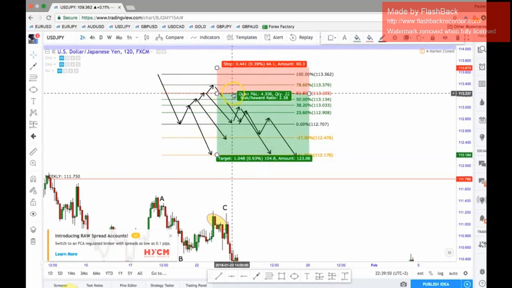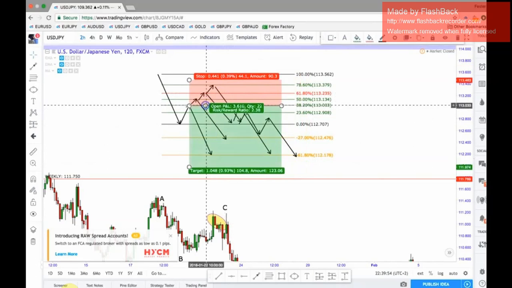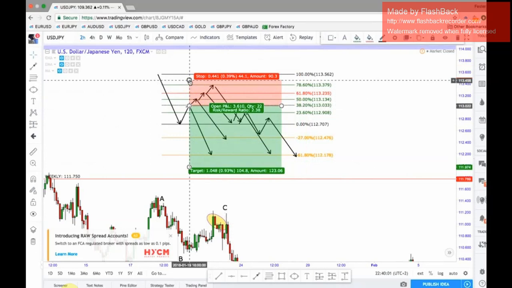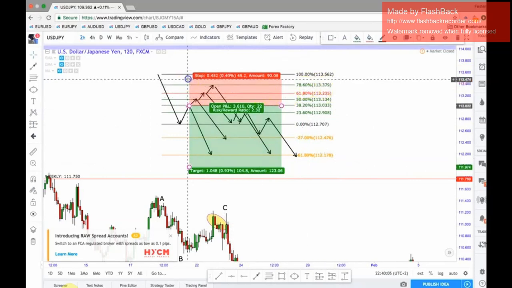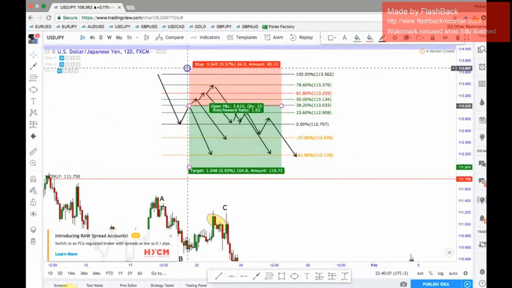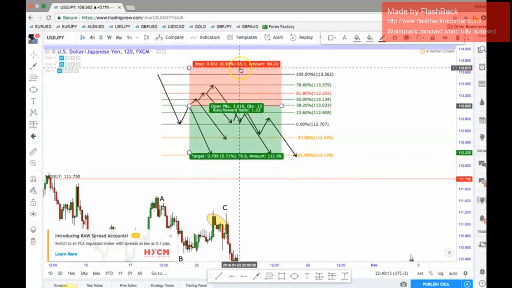Now let's say you took the entry based on the 38.2 retrace, which is down here. The rules still apply with regards to 78.6. It needs to be 30 pips above 78.6's price point, which as you can see is 113.379. So it's 113.679, like that. Now automatically it changes your risk reward ratio completely.